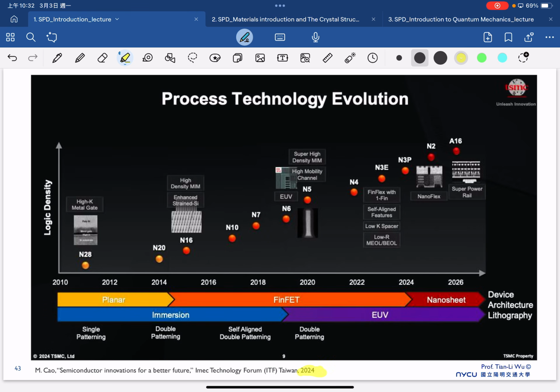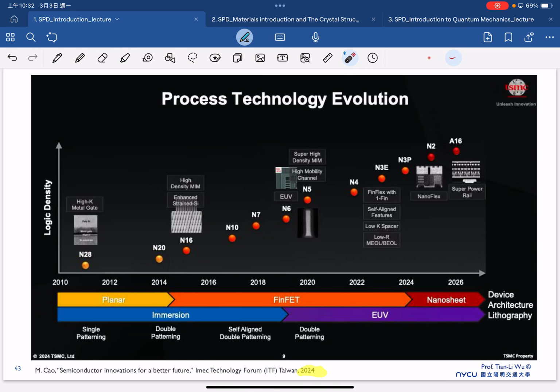This is a slide coming from a TSMC very senior director focusing on research, who presented the process technology evolution at one of the key events that we call the IMEC Technology Forum, ITF, in Taiwan in 2024.